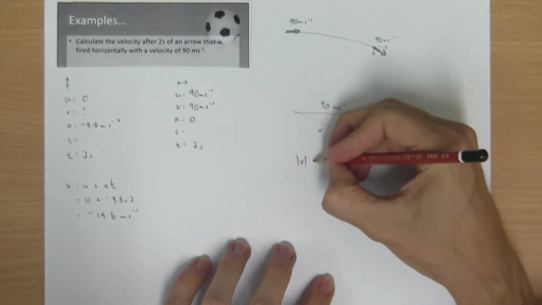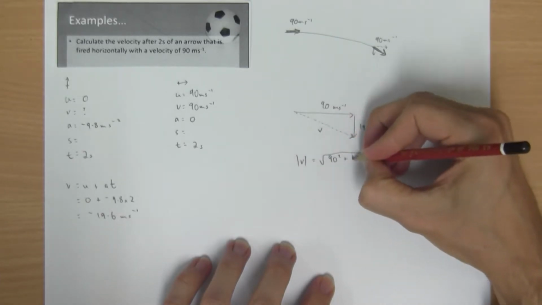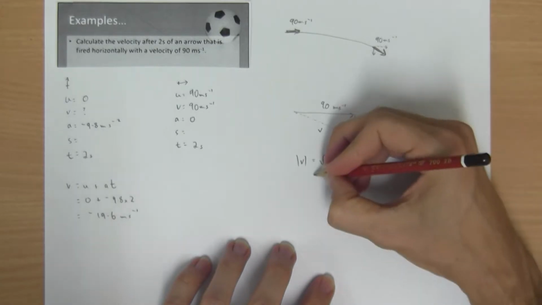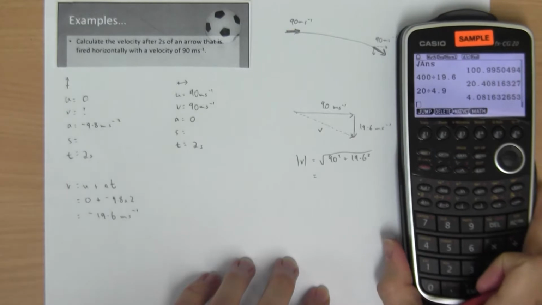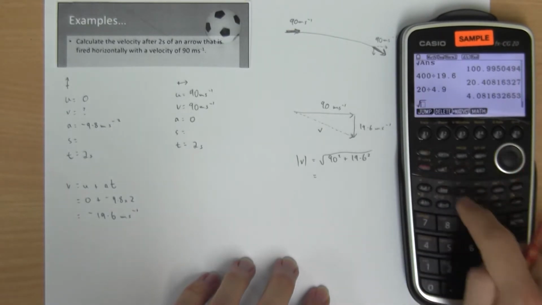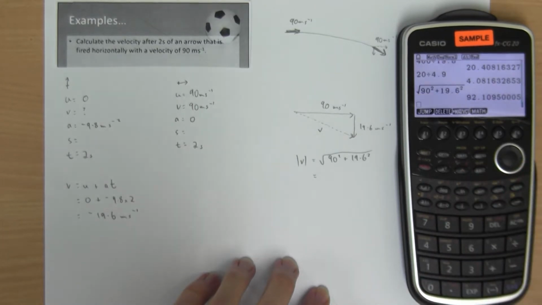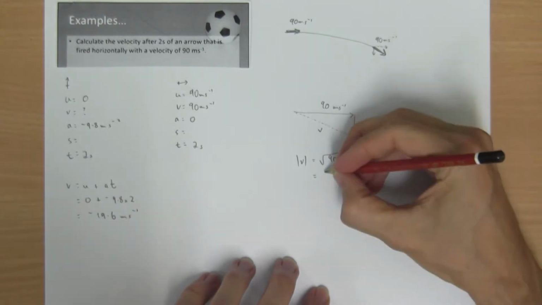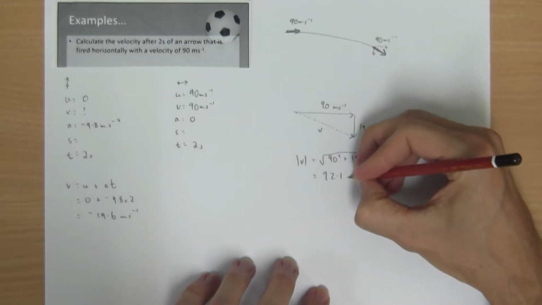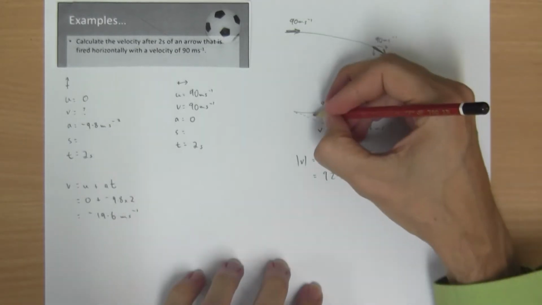Well, its magnitude is from Pythagoras, 90 squared plus 19.6 squared. I'm not going to try and do that in my head. Square root of 90 squared plus 19.6 squared, 92.1 meters per second. And I need to know the angle.